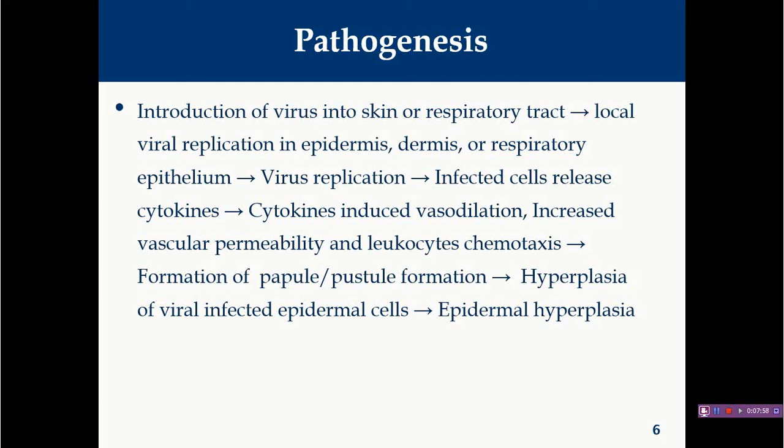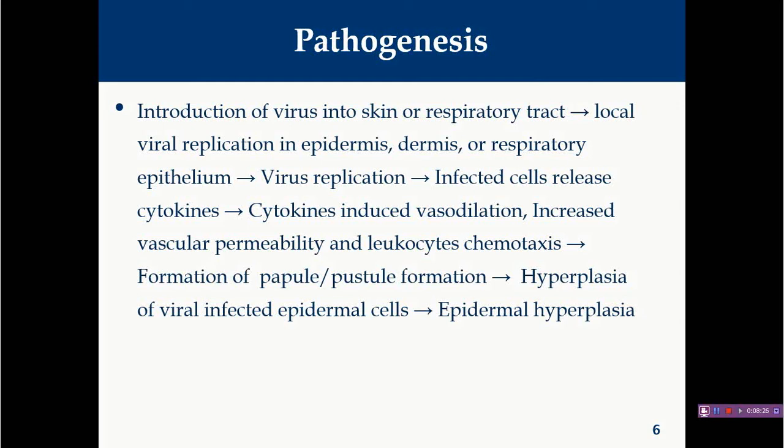Another important thing when we talk about pox viruses is that the development of the lesion is very unique. Generally, through any route, either aerosol, inhalation, or infected skin, the virus will initially enter the body and infect macrophages and lymphocytes, and through lymphocyte trafficking it will ultimately reach different organs.